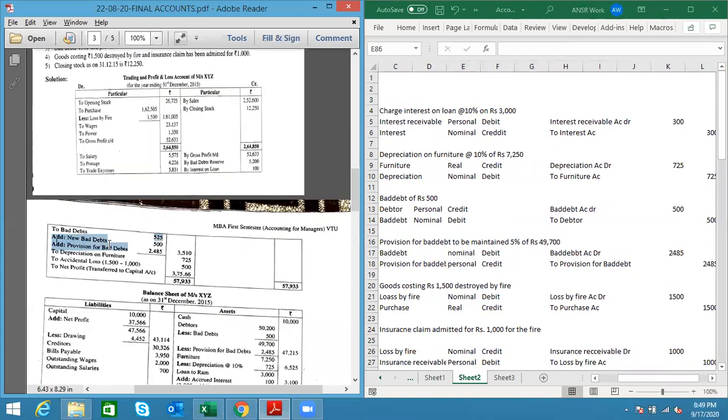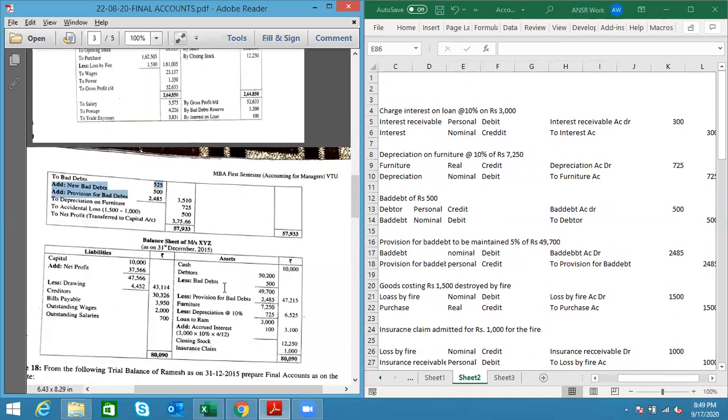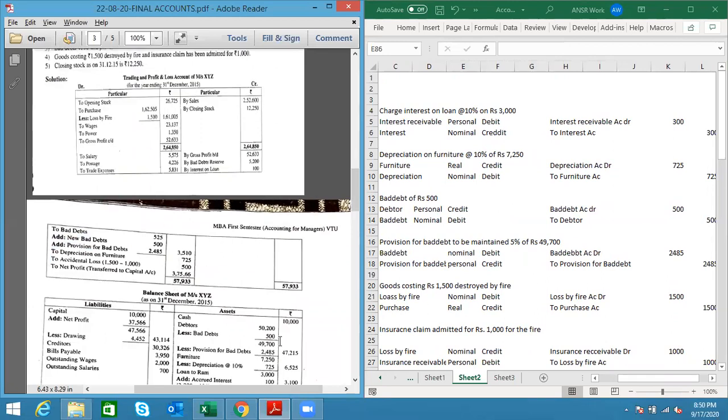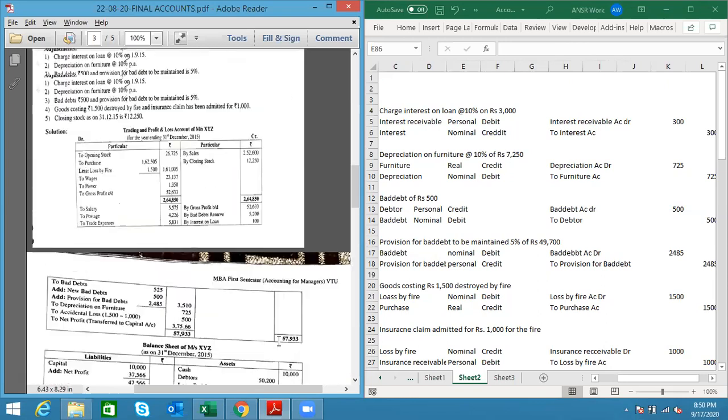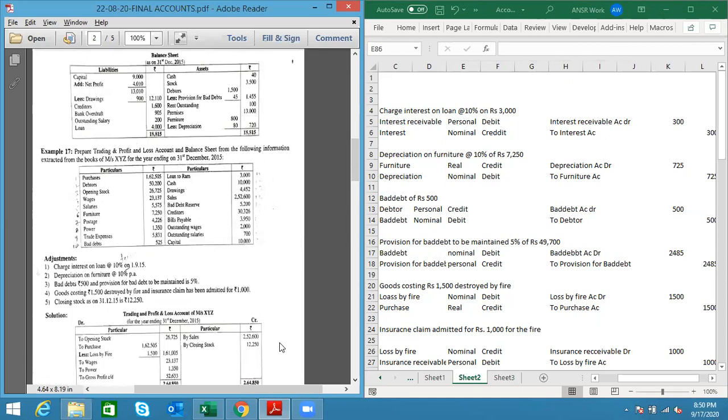I prefer, instead of doing that, that we go for journal entry and ledger. I tell you that there will be no mark deduction. It's absolutely correct the other way as well. So instead of all this add and less, we are going to prepare the ledger accounts of all those items for which this is a requirement.